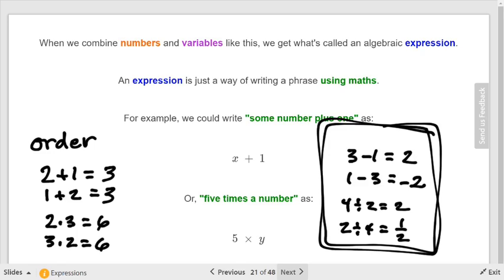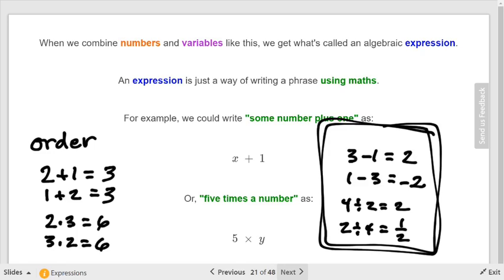Well, if it makes a difference sometimes, would it be smarter to think about it making a difference always, or to have a special rule sometimes? Always. It would be so much easier to have one rule that works for everything than 15 different special rules, right? So think about order making a difference.